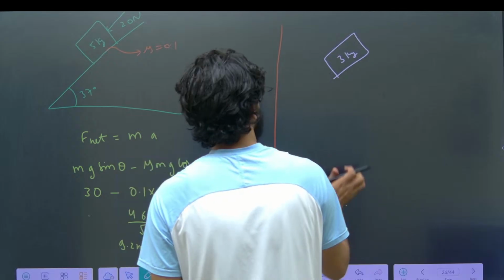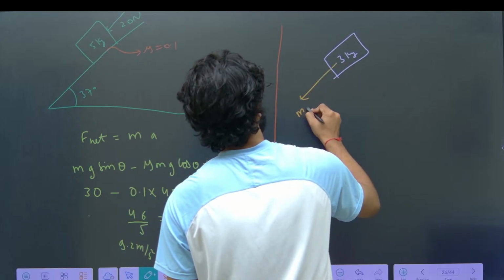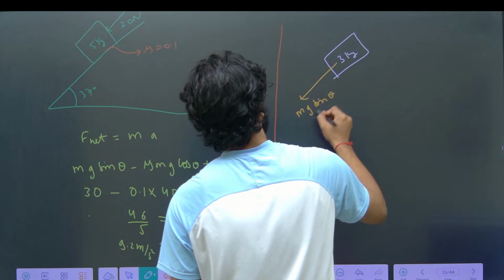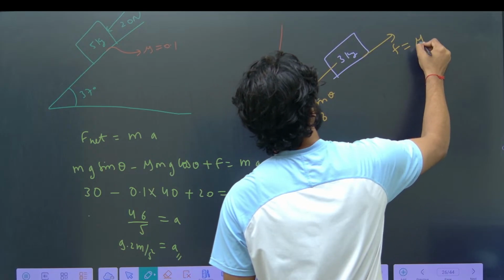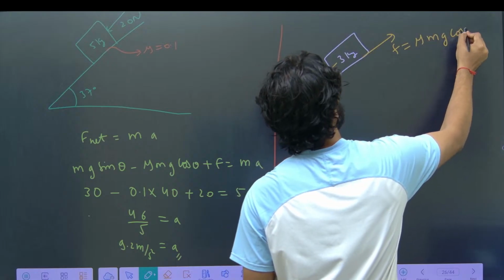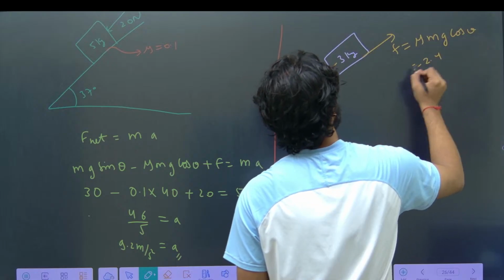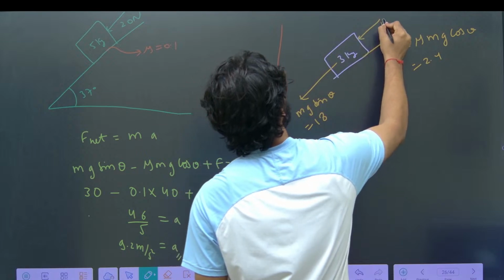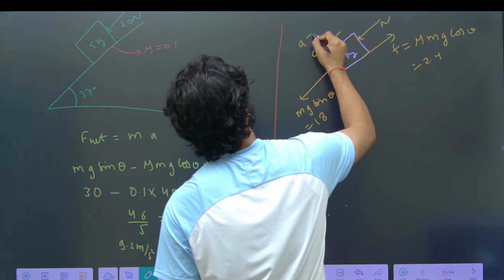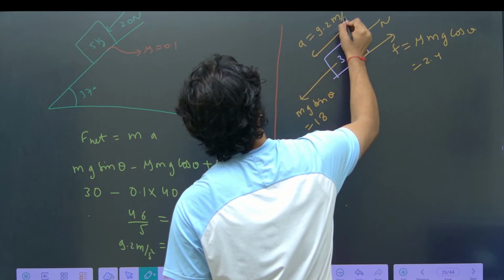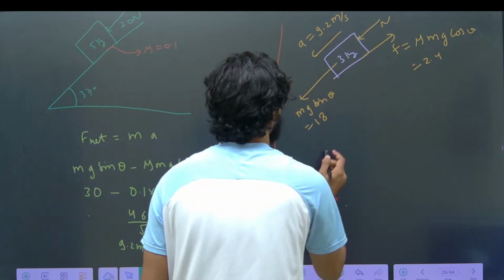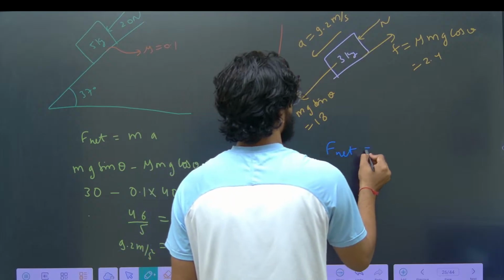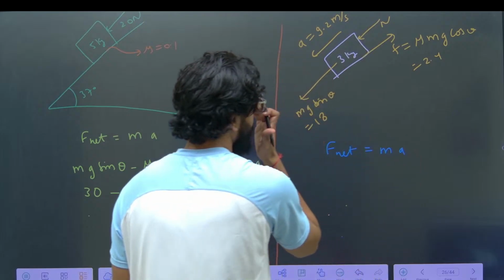So mg sine theta, we just calculated it, it was coming out as 18. Friction, it was mu mg cos theta, it was coming out as 2.4. Let's say this is n and acceleration is 9.2 meter per second square. Okay, so can we write f net equals ma?